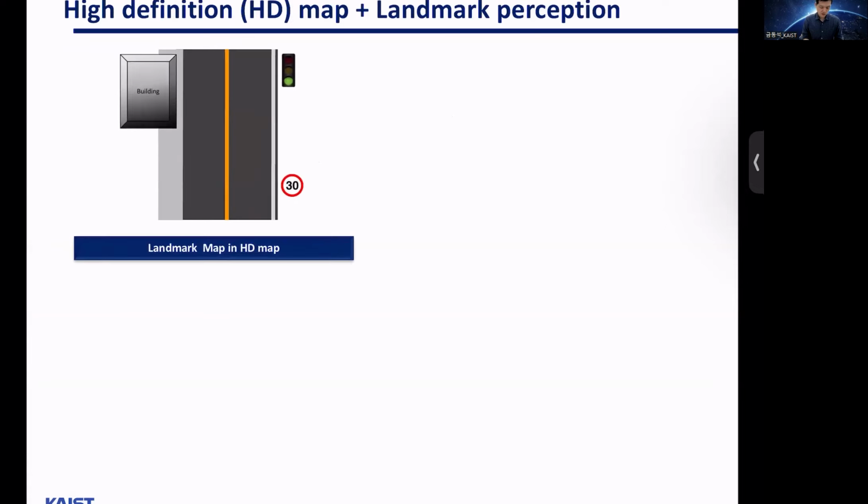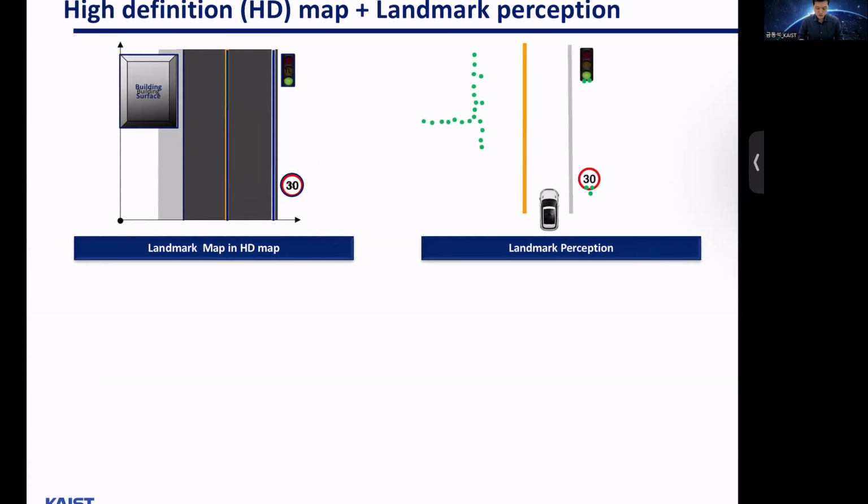So there is this information that can be used as landmarks. So landmark-based localization works as follows. We need an HD map with landmark information, and we're going to use sensors and a perception algorithm to detect these landmarks.